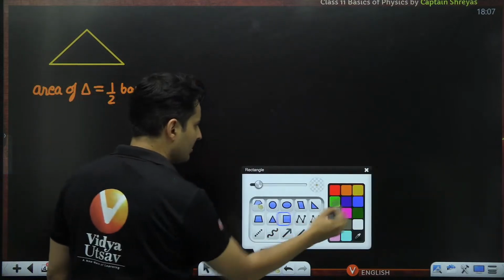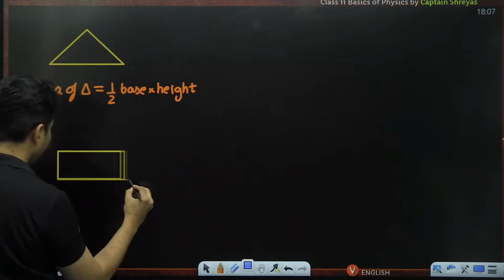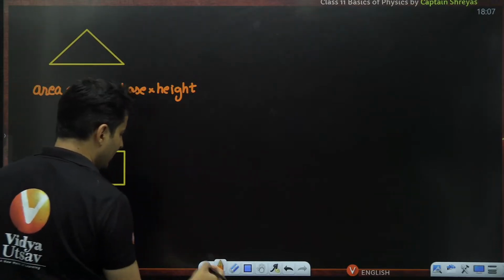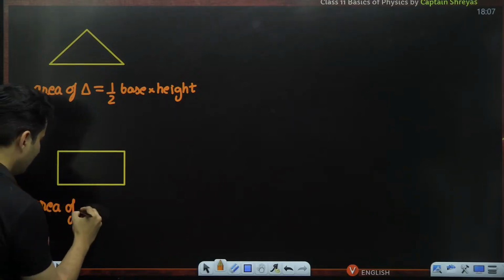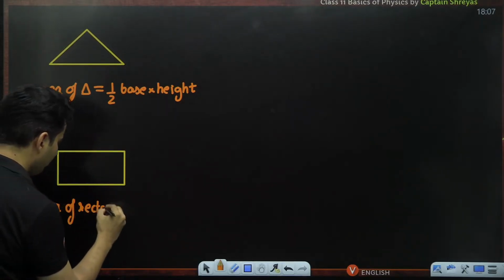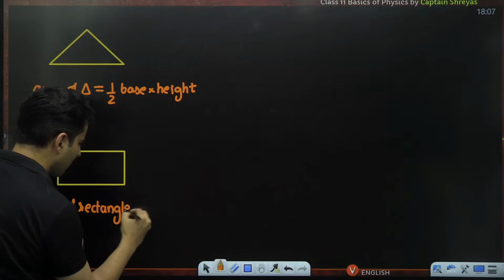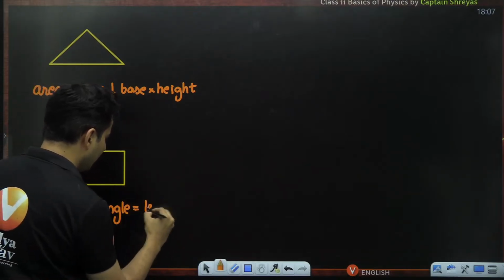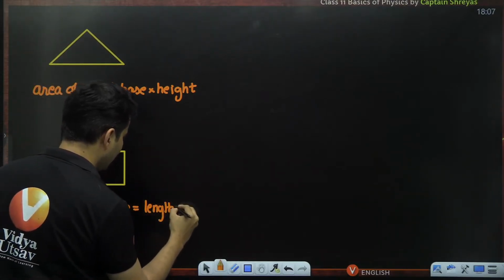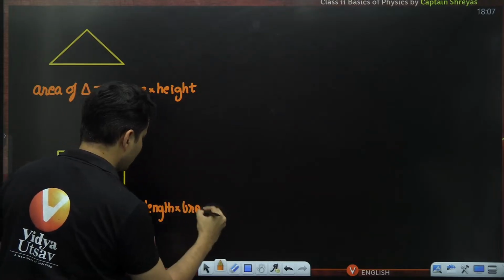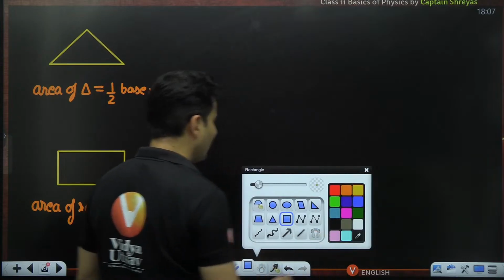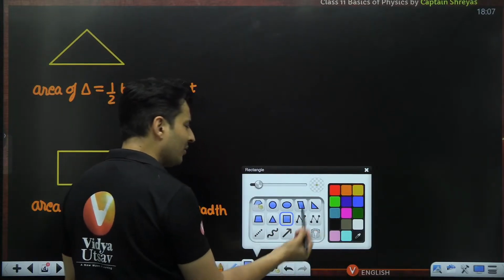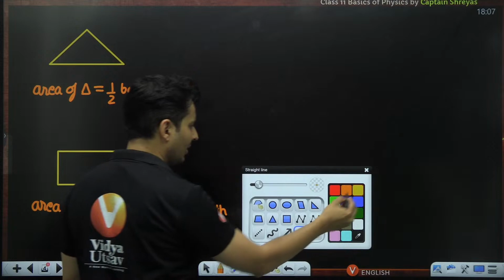If it is a simple rectangle, then the area of a rectangle is nothing but length multiplied by the breadth. These are all simple things. Similarly, we can find the area of a trapezium and many other shapes.